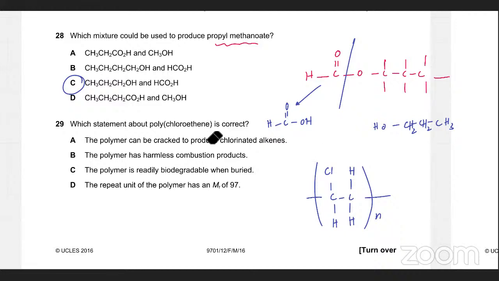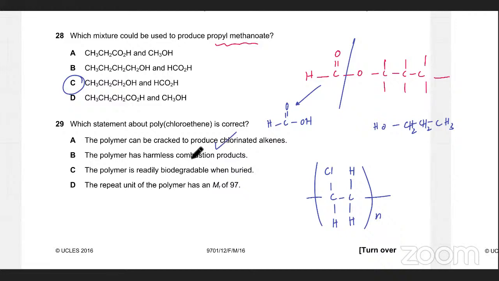So the polymer can be cracked to produce chlorinated alkenes. If you do the reverse and crack the polymer, you're going to get alkenes, like this. So I think that's true.